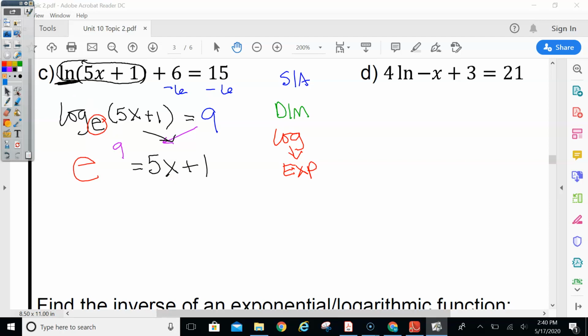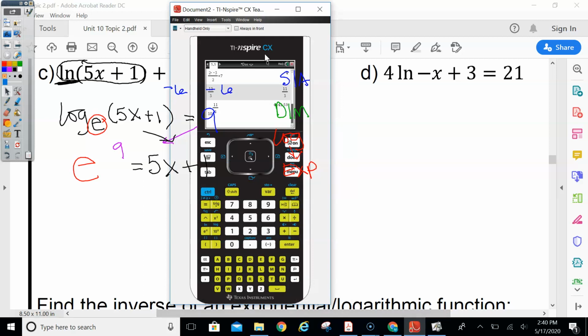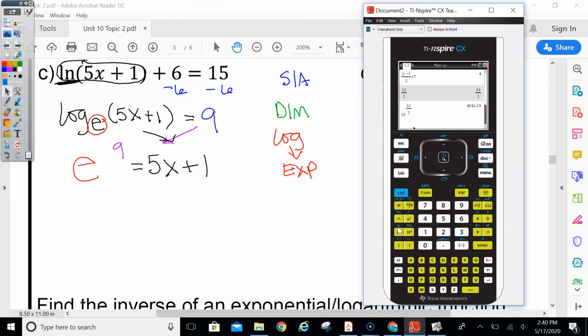So these we're definitely going to get a bunch of decimals. So we're going to do e to the 9th, is that decimal right there. There's actually more to it, but I don't need the whole answer for this part.